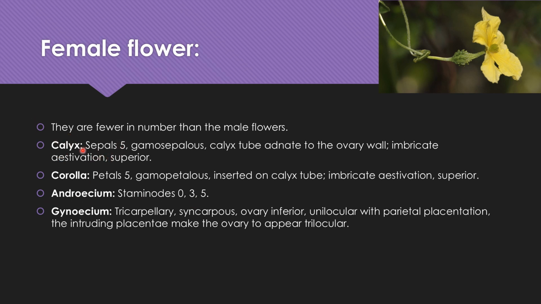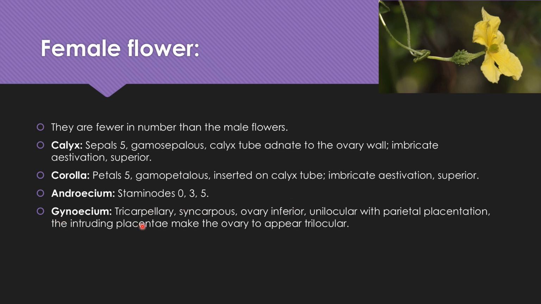Calyx consists of 5 sepals. They are also gamosepalous with imbricate aestivation. Corolla is 5 in number, gamopetalous with imbricate aestivation. Staminodes are usually 0 in female flowers, but sometimes they function as 3 to 5 in bisexual flowers.